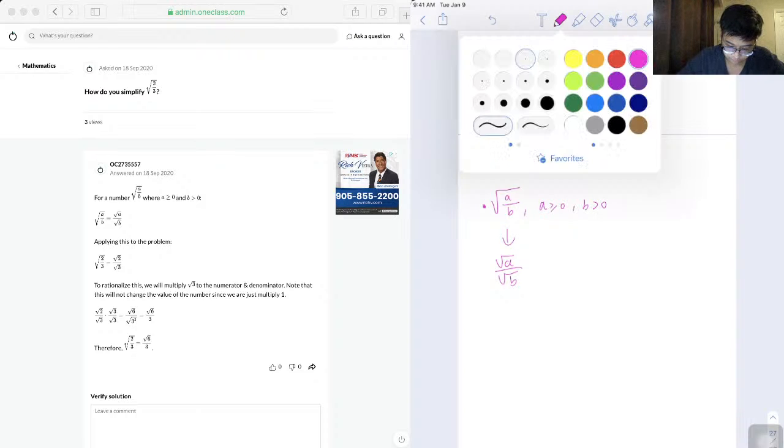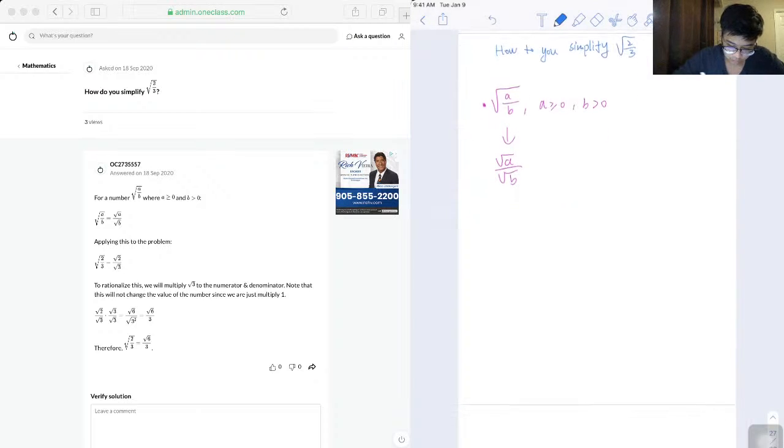So we can rewrite our question like root 2 over root 3.